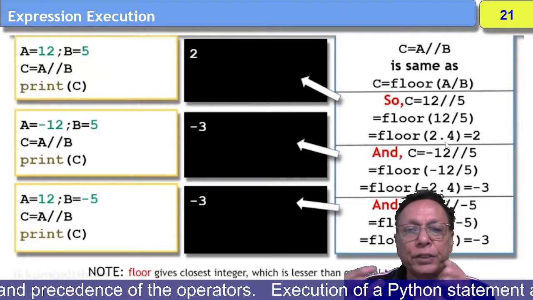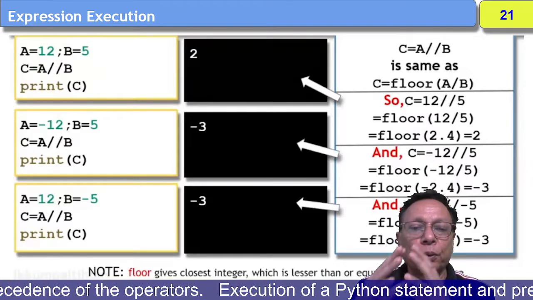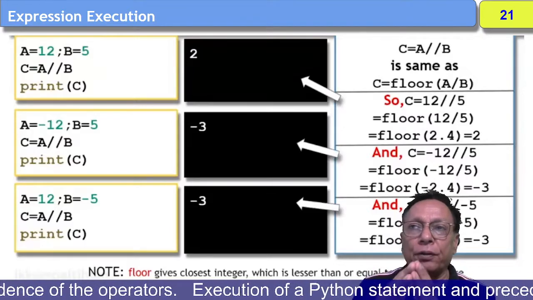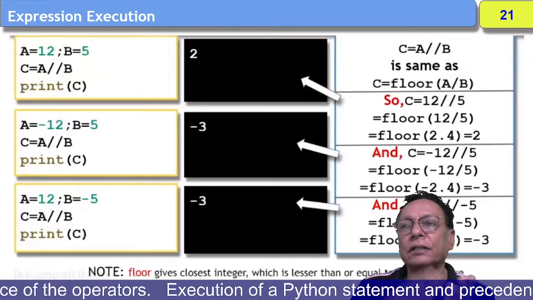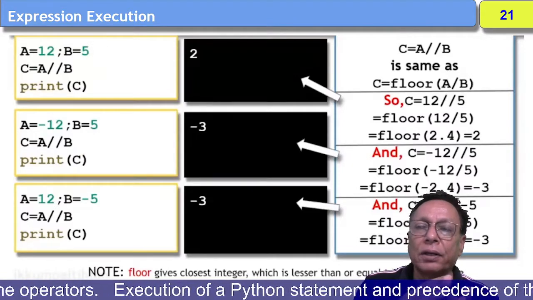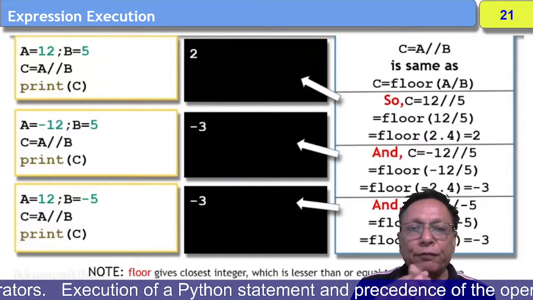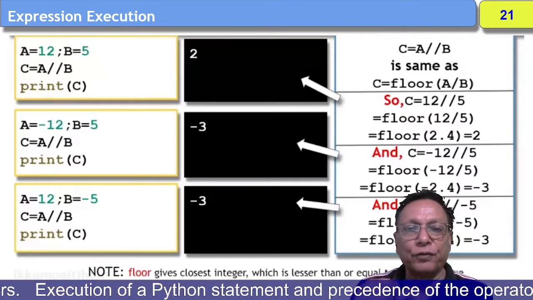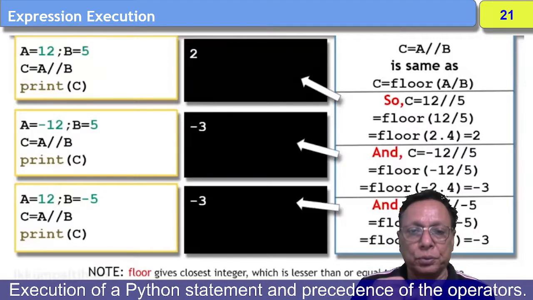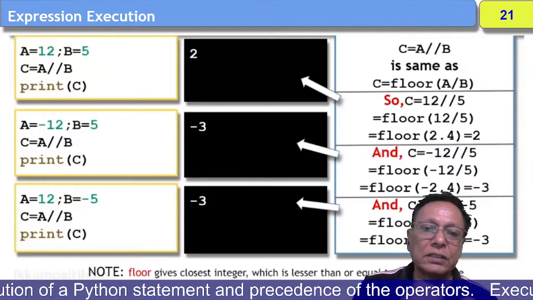And when you take the floor of 2.4, the quotient is 2.4, but after taking the floor it will give you the integer less than or equal to it. So the floor of 2.4 will give you 2, not 3. It is always less or equal.